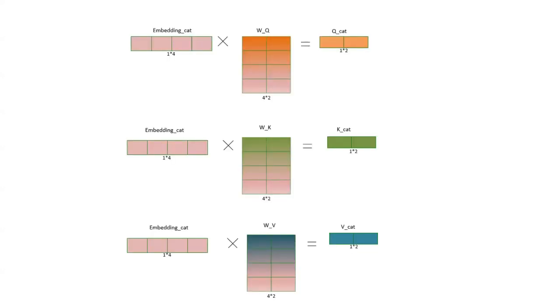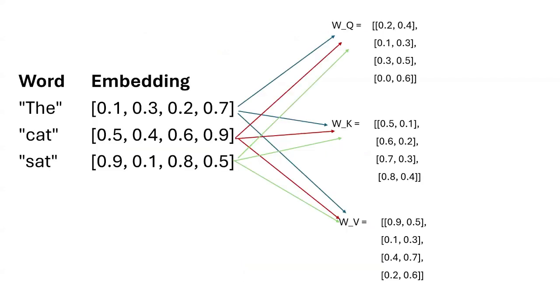If you have the embedding value of cat, we will have three weight matrices, one each for Q, K, and V, it will multiply and then give a value, right? And I'm only talking about one word till now. Suppose cat has embedding values 0.5, 0.5, 0.4, 0.6, 0.9.